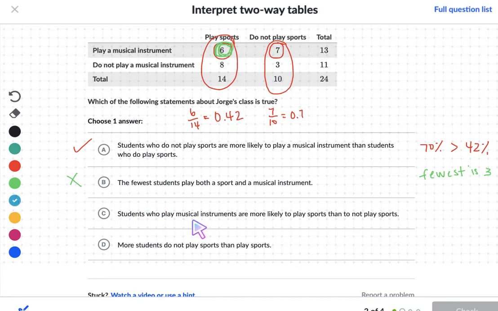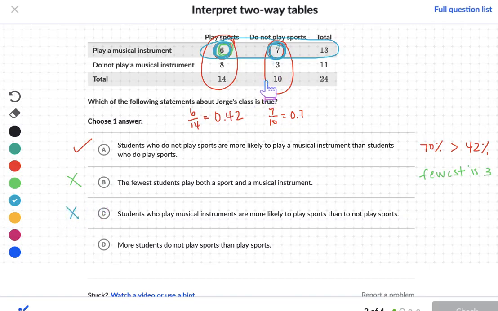Okay, next one. Students who play musical instruments, these guys right here, all the people who play musical instruments, are more likely to play sports than to not play sports. Play sports versus not play sports. Okay. That doesn't make any sense because there's more people who don't play sports.